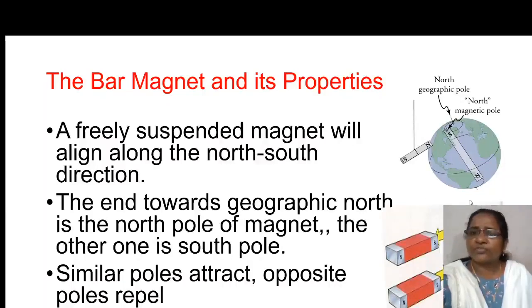South pole of which magnet? Oh, our own planet, the Earth. It is a giant magnet. So Earth also has magnetic properties, and the north pole of the magnet is attracted to the south pole of the Earth magnet. That is why a freely suspended magnetic dipole is aligned along the north-south direction.